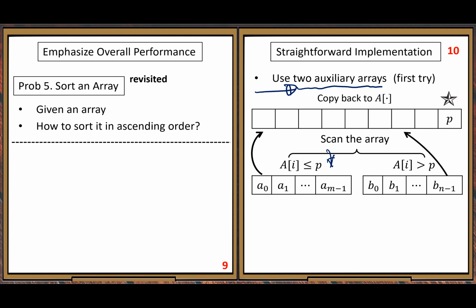But after we finish this step, we can see the auxiliary arrays, this extra amount of storage space. If it's possible, we want to eliminate it. We don't want to waste this much storage space. So we try to do the manipulation within the original array. That's our improvement goal.